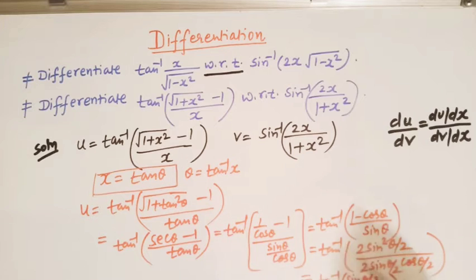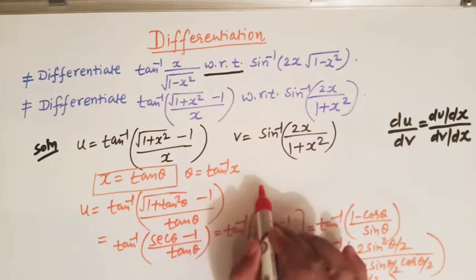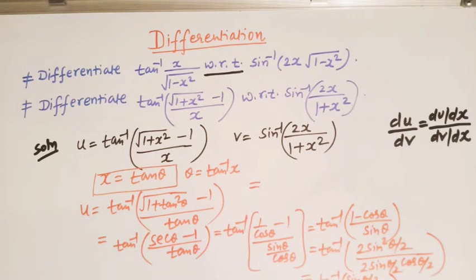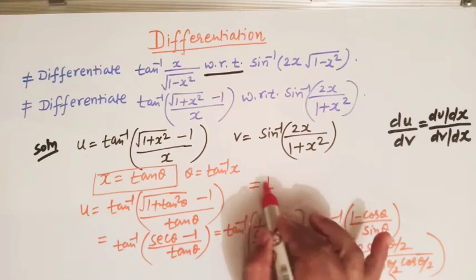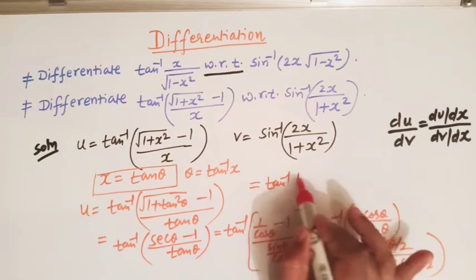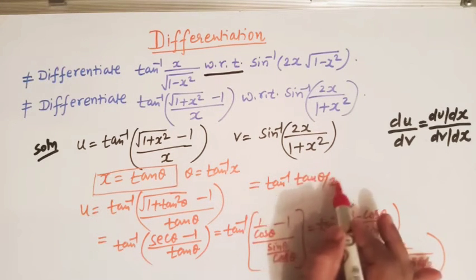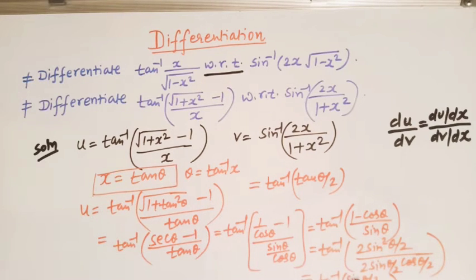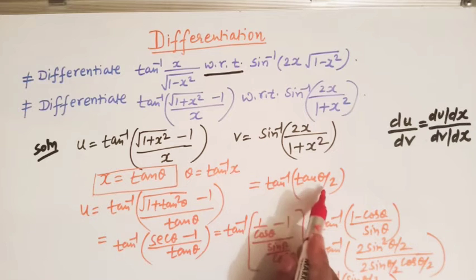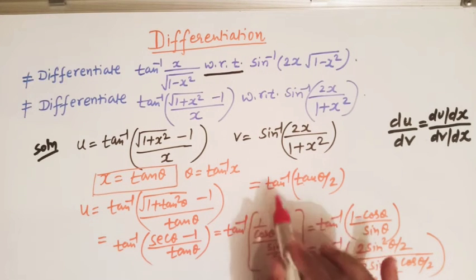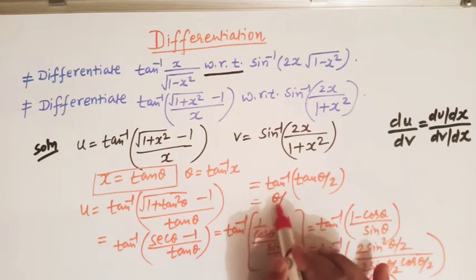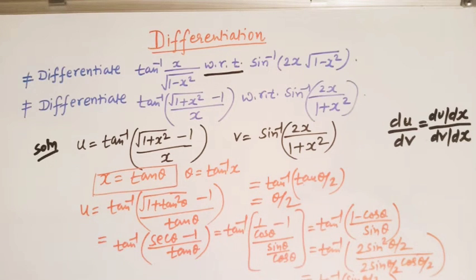Okay, now this can be written as tan inverse of tan theta by 2, right? This is sin theta by 2 over cos theta by 2, and this is tan theta by 2, and tan inverse gets cancelled, so we have theta by 2, right?